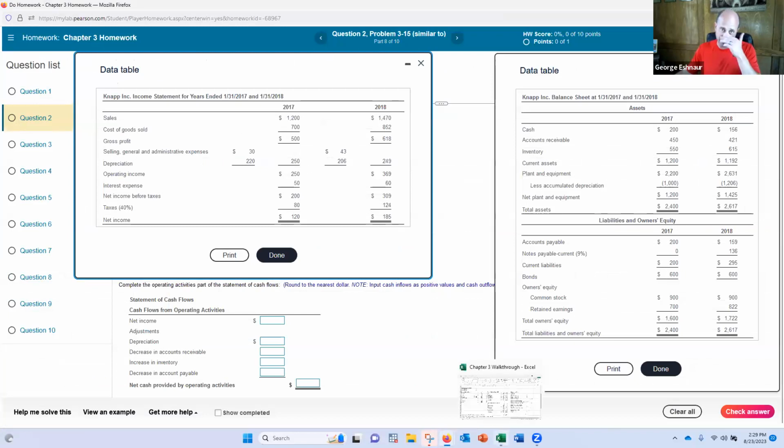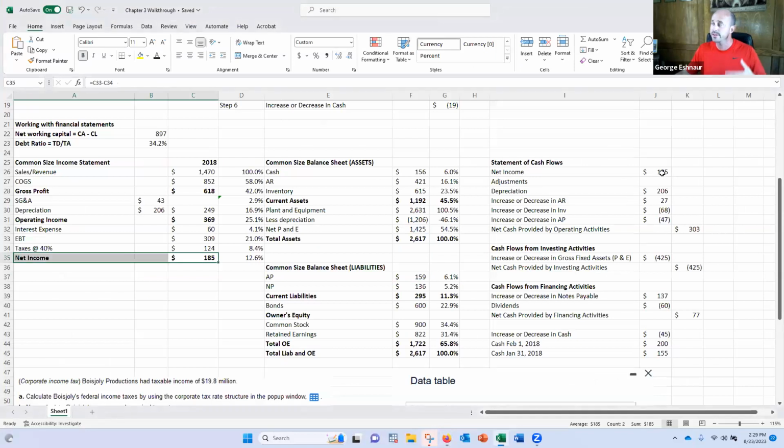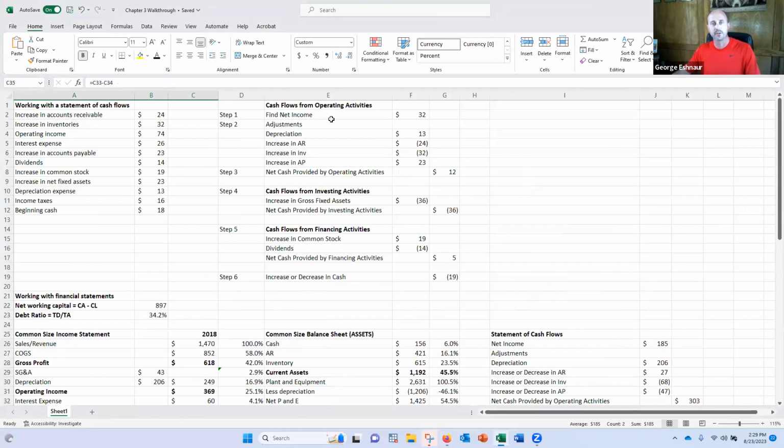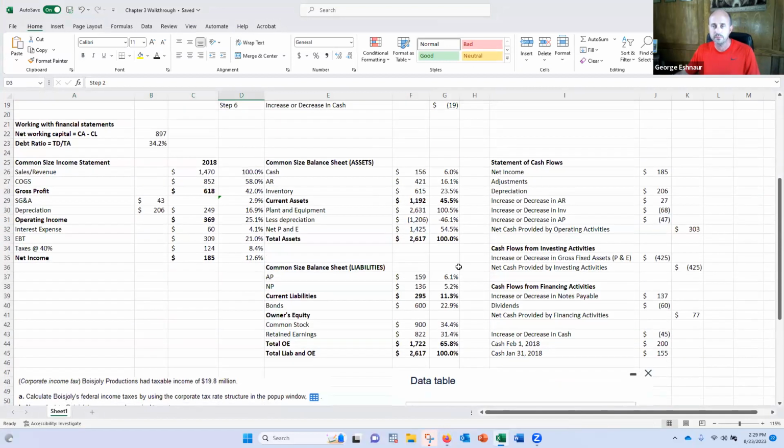Again, I'm just using Excel, but regardless, you start the same way we did with this first question. Step 1, find net income. Step 2, figure out your adjustments, okay? So the way I laid it out was balance sheet right here.